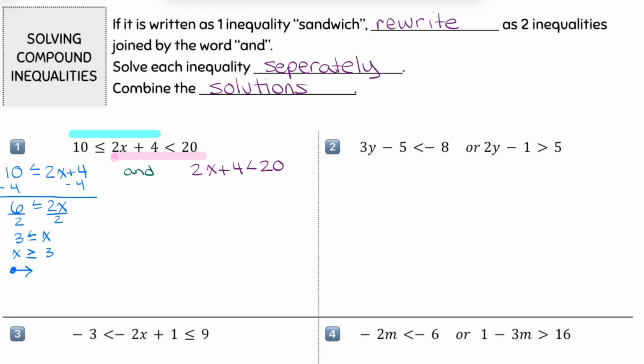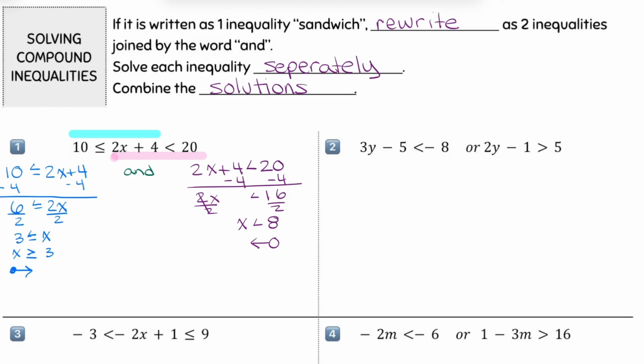Over here on the left, I have 2x plus 4 is less than 20. I'm going to subtract 4 from each side of the inequality. Bring down my 2x is less than 16. Divide both sides by 2. And you get x is less than 8. Open inequality going to the left.